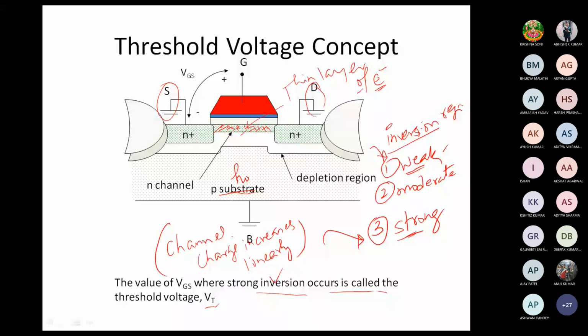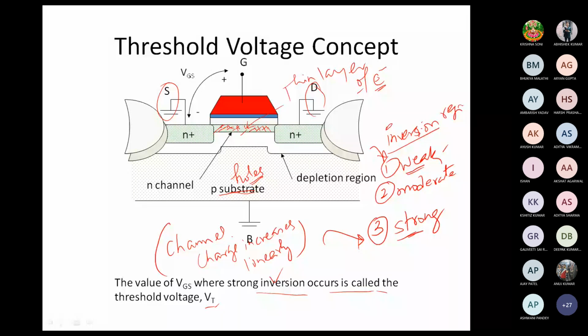In equilibrium condition, if we have electrons in the channel region of the same order as the holes in the substrate, then we say that it is inverted.